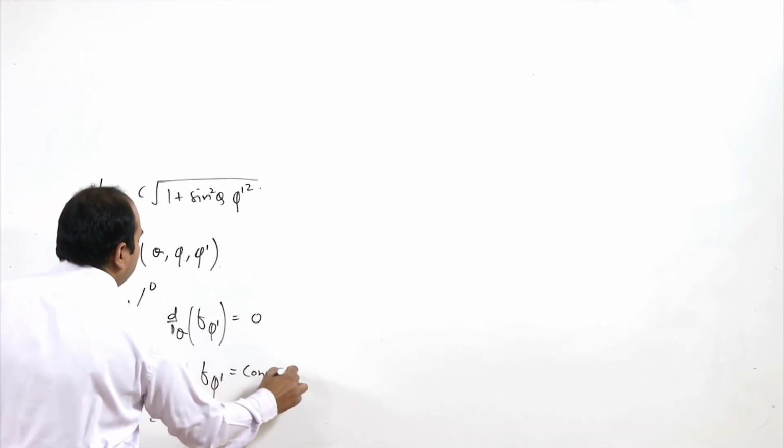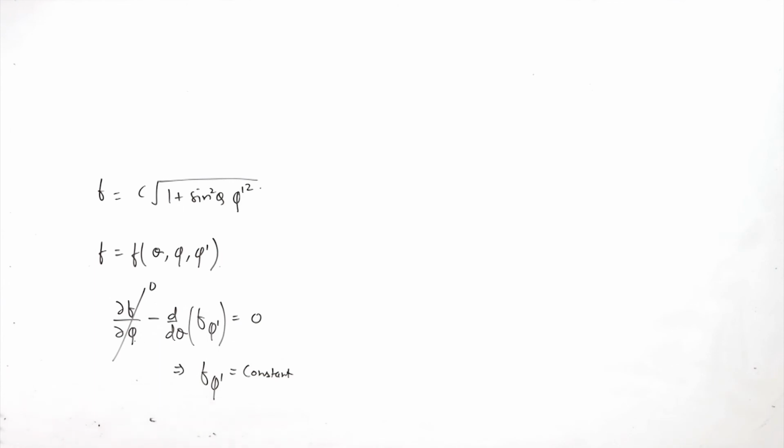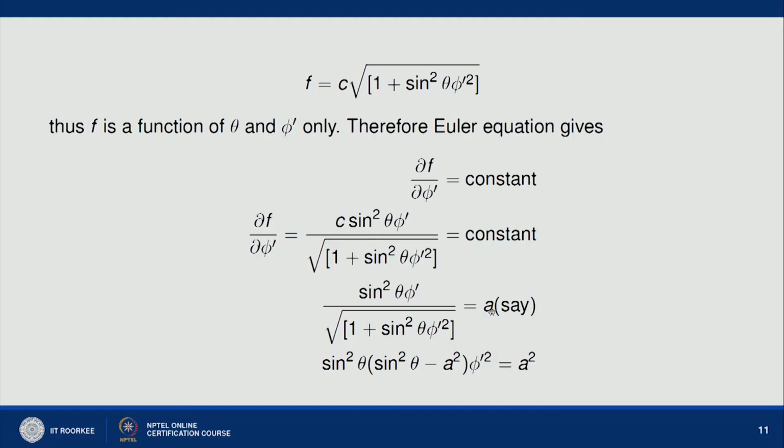So the Euler equation reduces to del f by del phi dash equal to constant. Since f is given, del f by del phi dash comes out to be c sin square theta phi dash divided by root of 1 plus sin square theta phi dash square, equal to constant. Let us take this constant divided by c as some a.